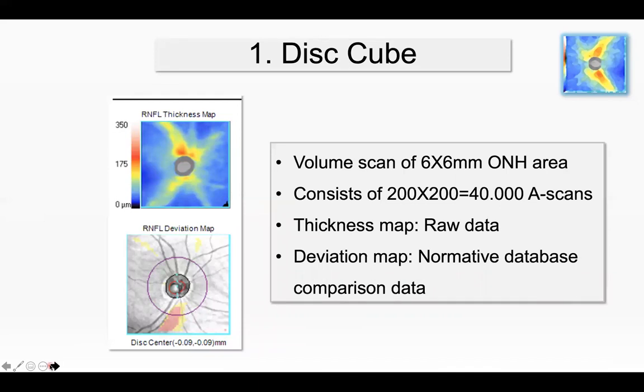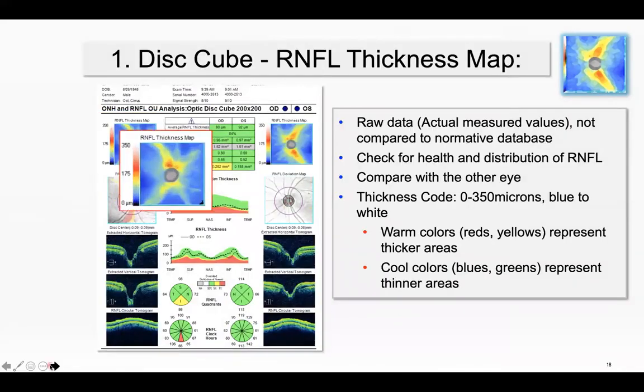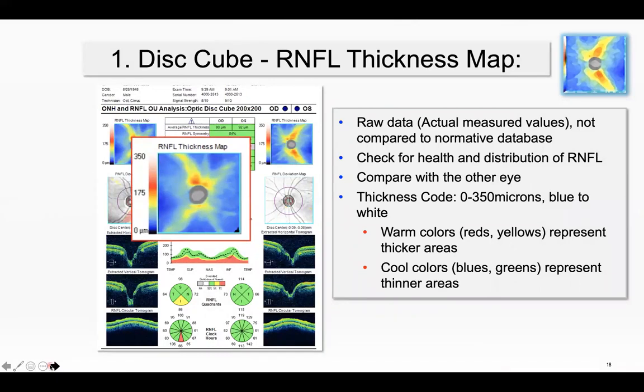In Cirrus, the optic nerve head disc cube is a 6 × 6 mm scan area. It consists of 40,000 A scans. It's the raw data, which means actual measured values, and they are not related to normative database values. So they are less vulnerable to the anatomic variations or the artifacts.